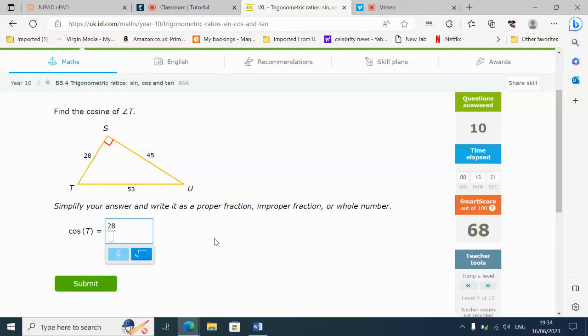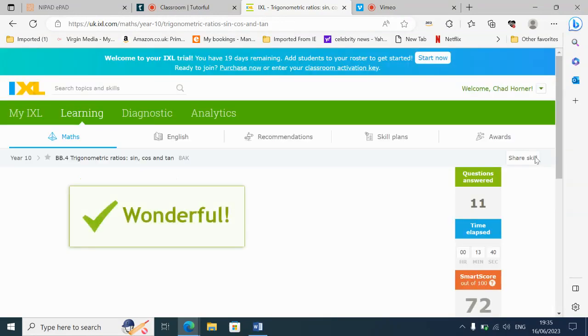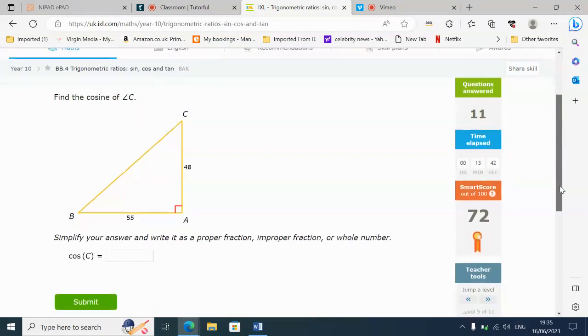Yeah. So hypotenuse is 53. Okay, and can we simplify this? No. Well done.